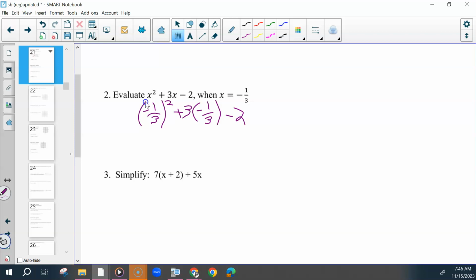And then to go back to how we were doing it before, do each step. So this would become a positive 1/9 minus, this would become a negative 3/3, which becomes negative 1 minus 2. Then this part you can either do in your calculator or by hand.